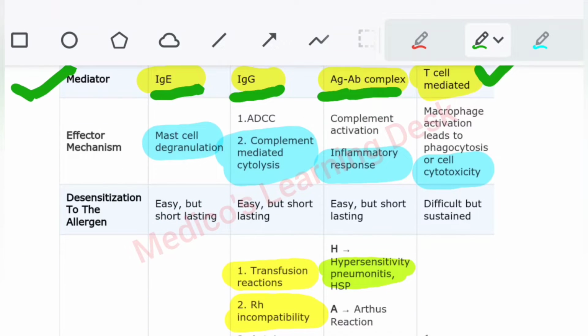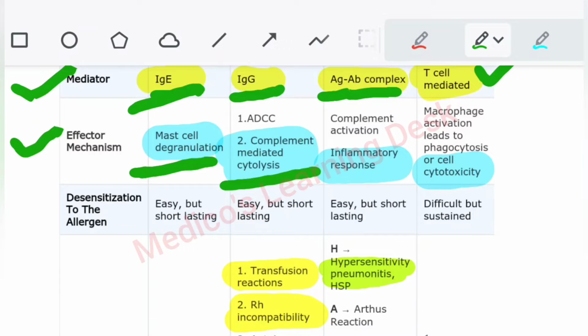Now what is the effector mechanism? What is the mechanism of this hypersensitivity reaction in each type? In type 1, as it is IgE mediated, mast cell degranulation will occur. In type 2 it will be complement mediated cytolysis.